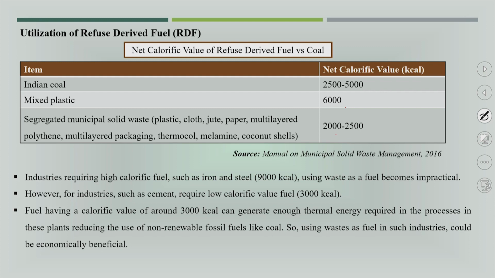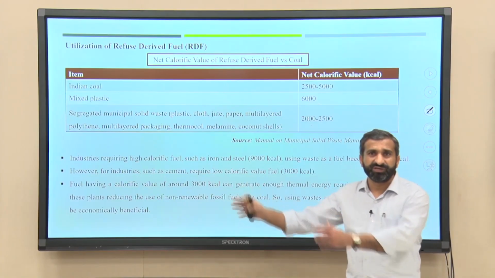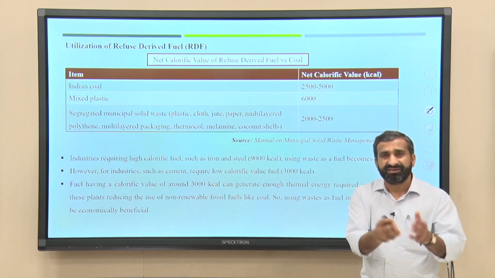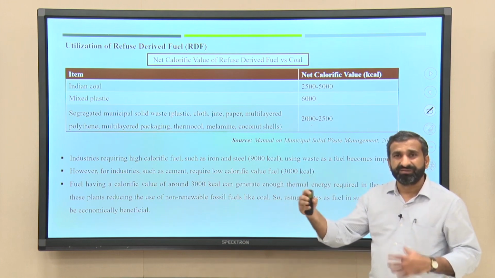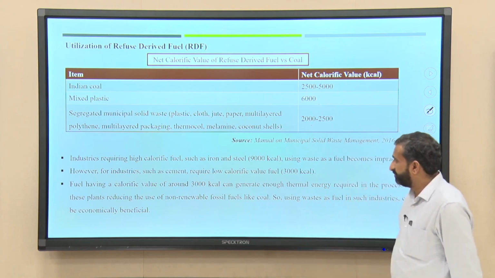So, using waste as a fuel in such industries could be economically beneficial. It is not that the entire waste will be put into the cement industry; maybe 5%, 10% can be added as a fuel for this kind of industry.